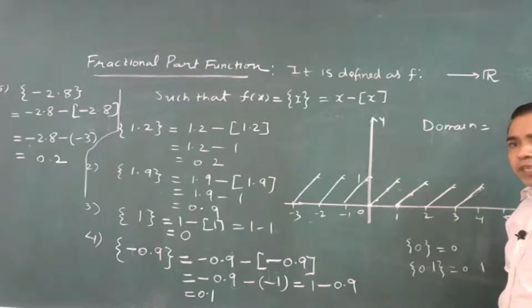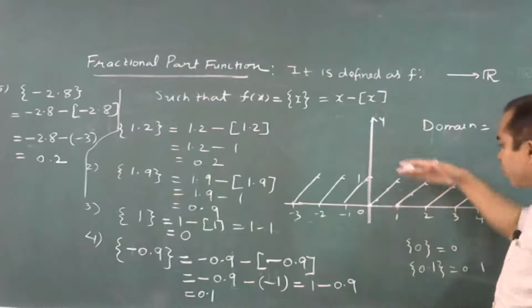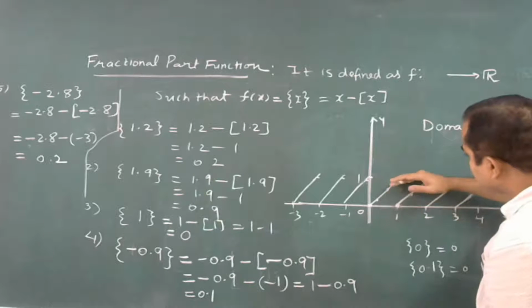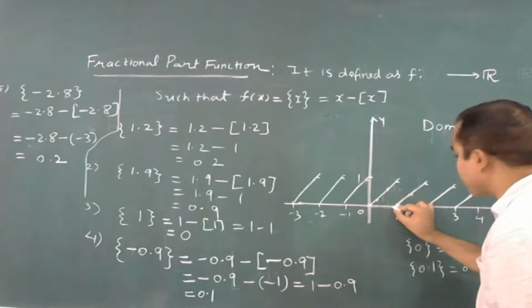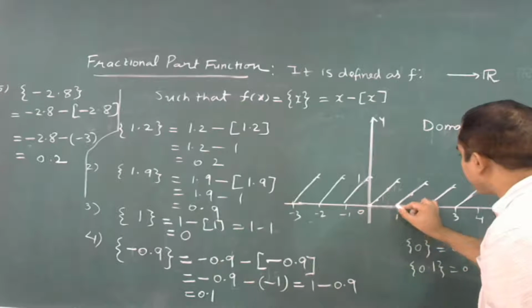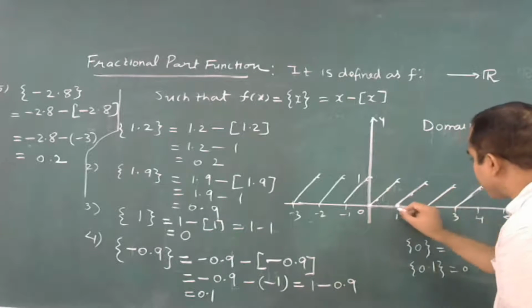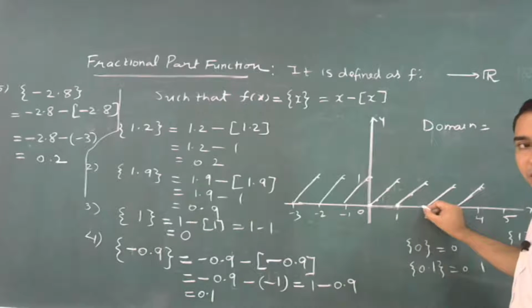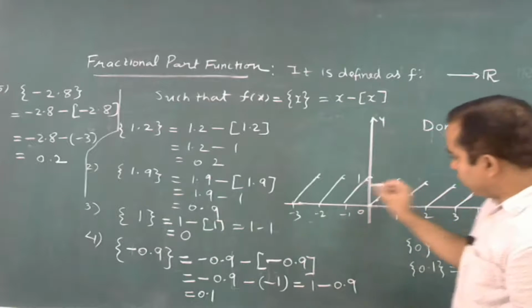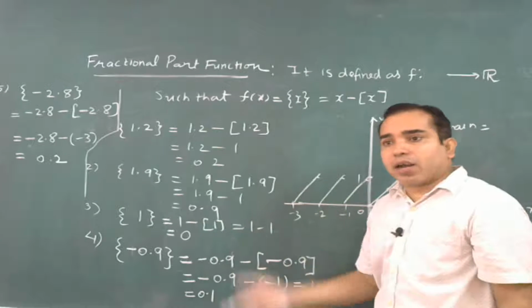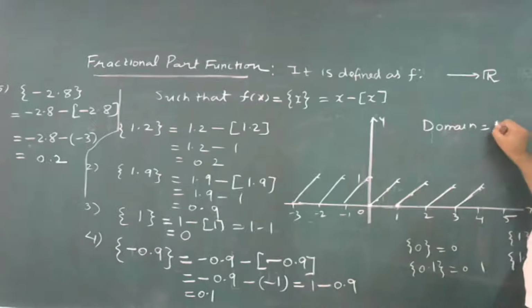So if you draw the perpendiculars from these points on the x-axis, from this branch this part will be covered. This is already covered. From this branch, if you drop the perpendiculars, this more part of the x-axis will be covered. Slowly the whole x-axis will be covered. On the negative side also, R is the answer. The domain is the real number set. Entire x-axis, right? Every point of the x-axis has an image.